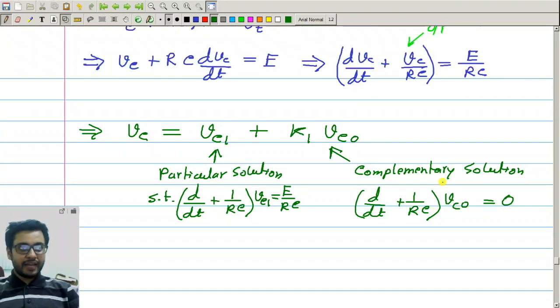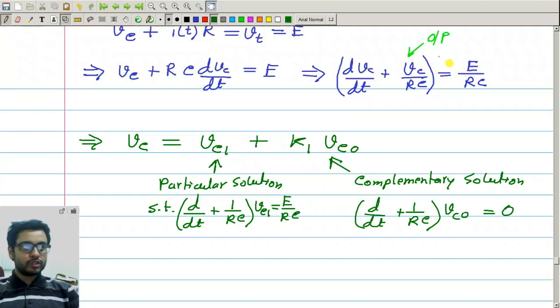Now note that this input you can write as E by RC multiplied by e to the power 0t, because this is 1.